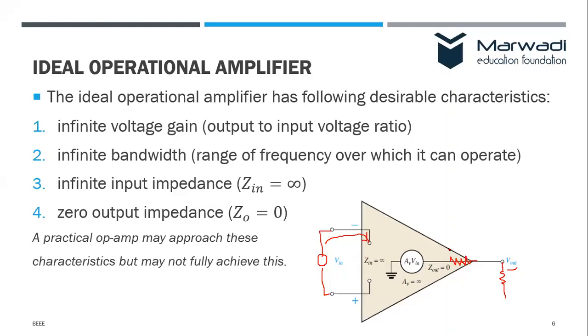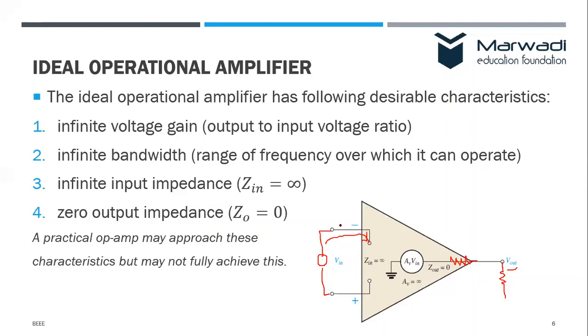Now a practical operational amplifier may approach these characteristics, but it may not fully achieve them. For example, the voltage gain can be in thousands, but it cannot be infinite.